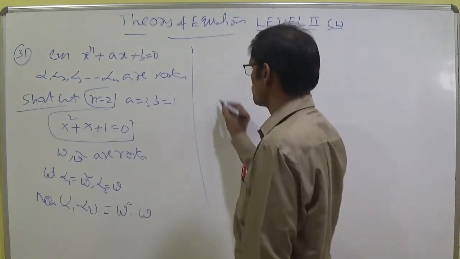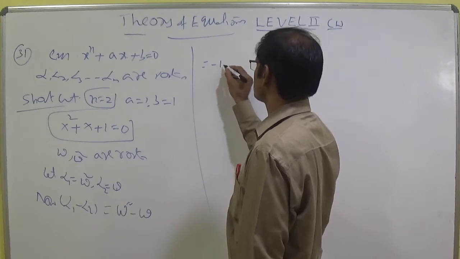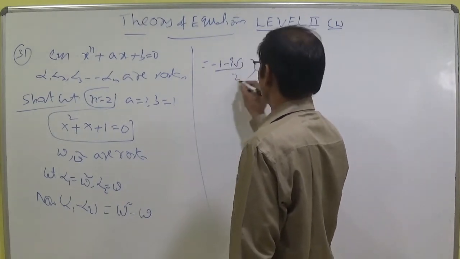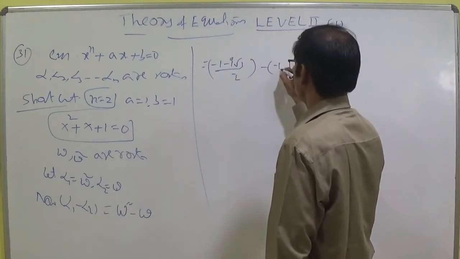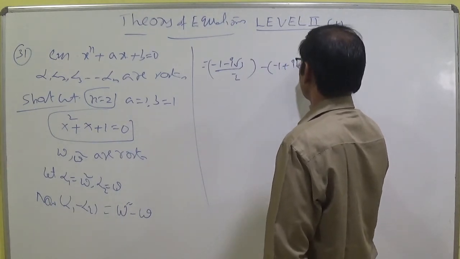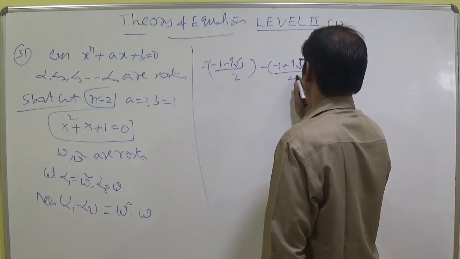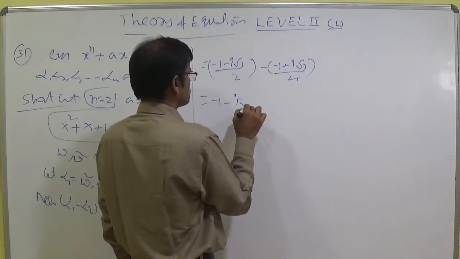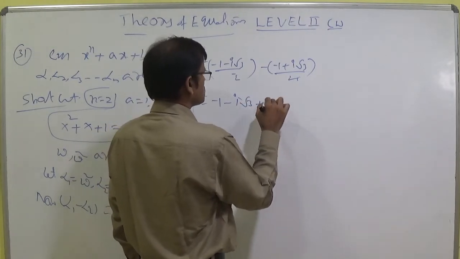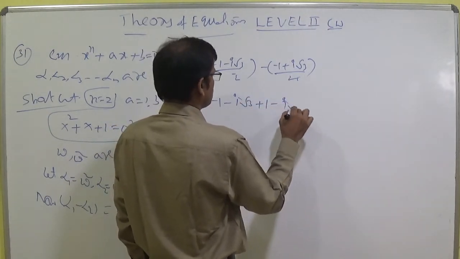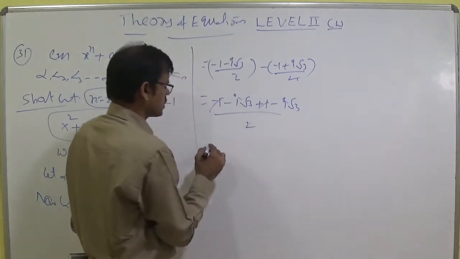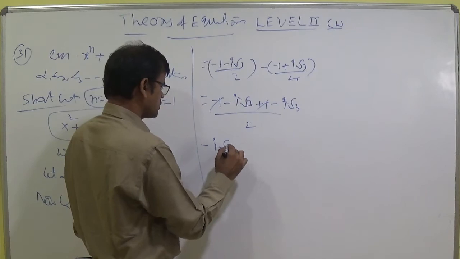So omega square, minus 1 minus i root 3 by 2, minus of minus 1 plus i root 3 by 2, is equal to minus 1 minus i root 3 minus of minus 1 plus i root 3, whole by 2. Minus 1 plus 1 get cancelled. Here you can write minus i root 3.